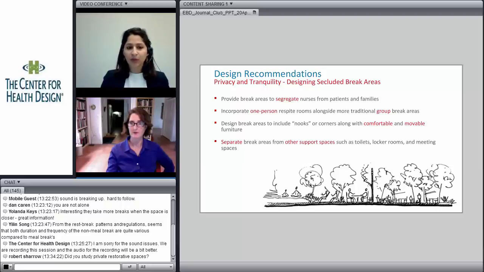Sometimes they want privacy, sometimes they want to talk in a group and socialize. And then separating them from other support areas like toilets, locker rooms, meeting spaces, any type of spaces that create noise.